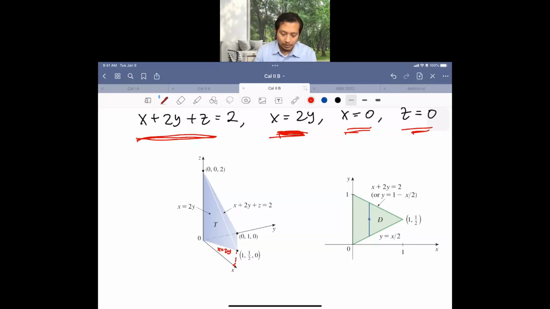So this will be the plane for x equals 2y from here, that is the plane, and then cut from here. So that's the tetrahedron. Let me just erase first. And another important thing is we look at the D here.